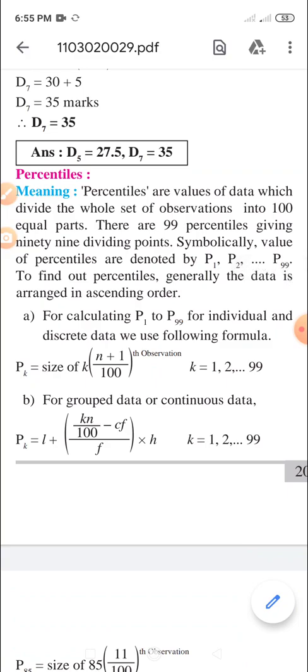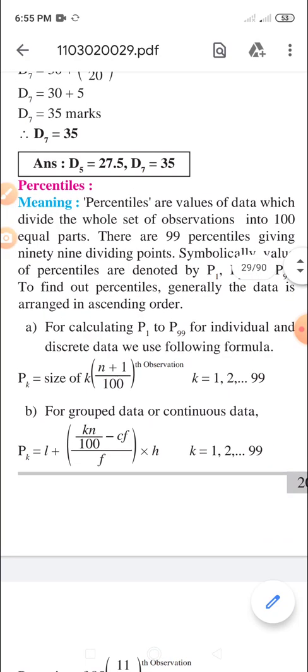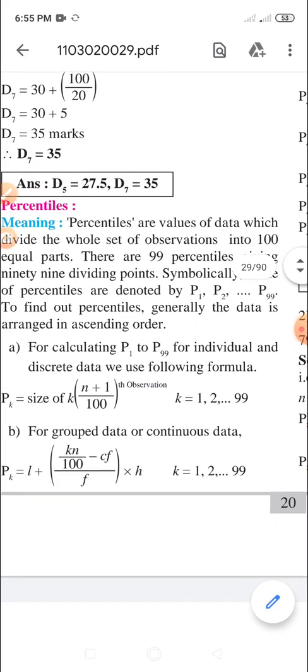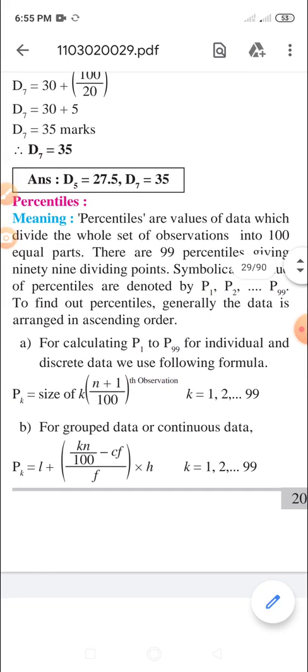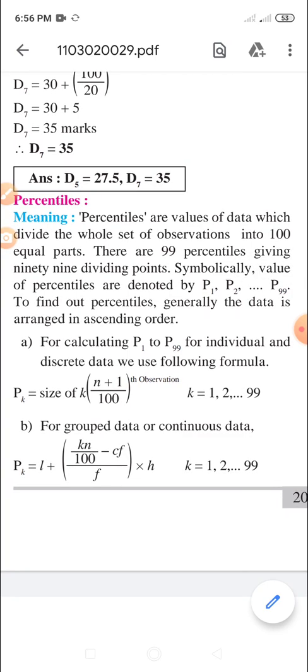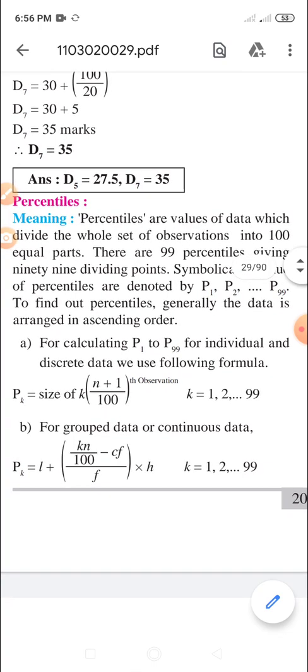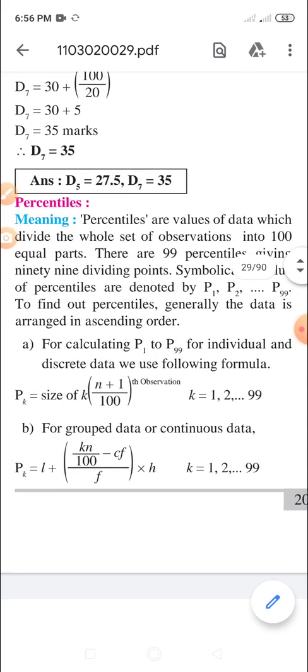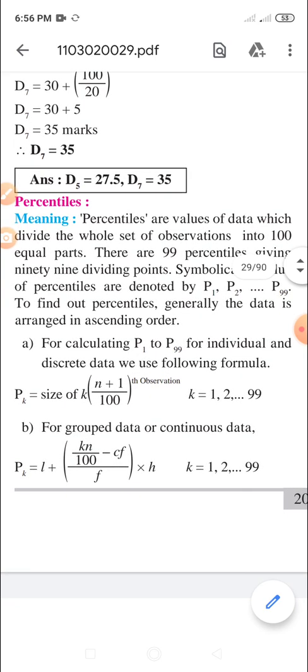To calculate percentiles in an individual series, discrete series or continuous series, first we arrange the data as per ascending order. Generally the data is arranged as per ascending order.